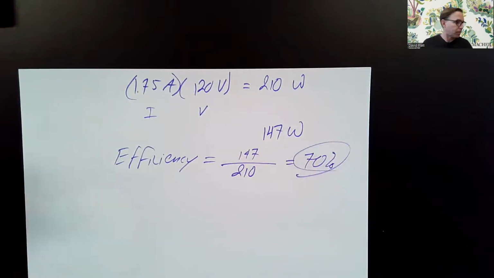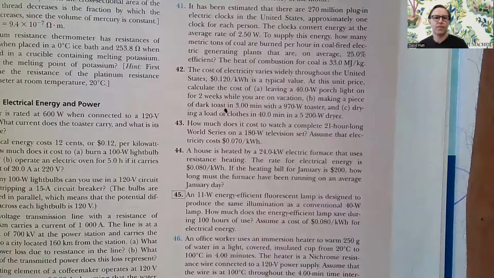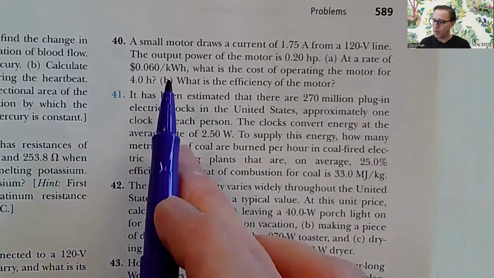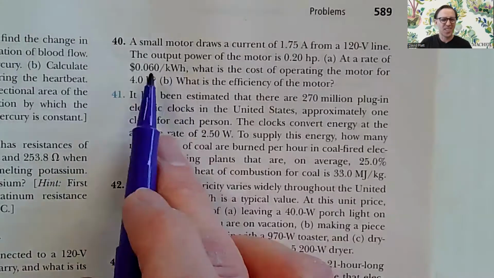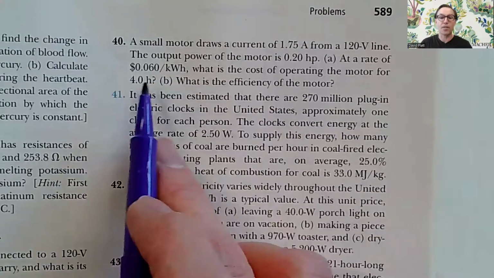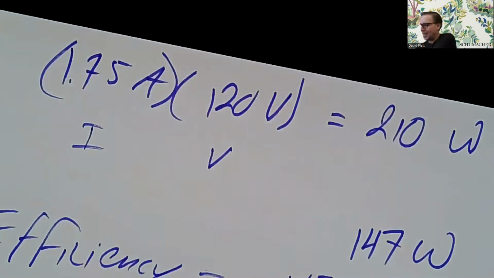All right. Now let's look at question A, which said, at a rate of 6 cents per kilowatt hour, what's the cost at 4 hours? Oh, wait a minute. That's that same problem again.